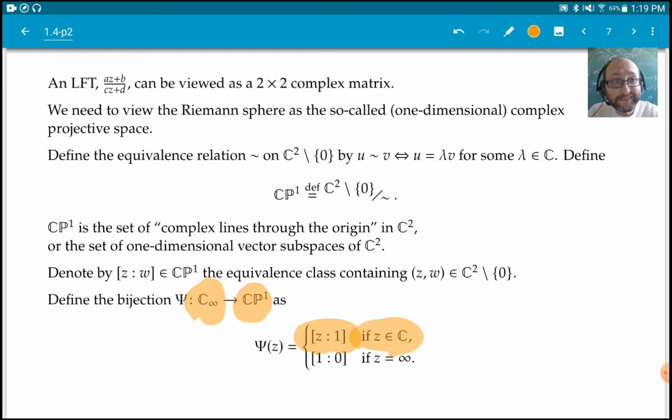Now, the one point that I cannot get is when the second component would be 0, because that would require multiplying something by 0, and then it's not in C2 minus 0. So that's the only one that I can't get. So that's where I map infinity. Something colon 0, and because I can just factor out any non-zero lambda, this is the only such point. So that's where I take infinity.